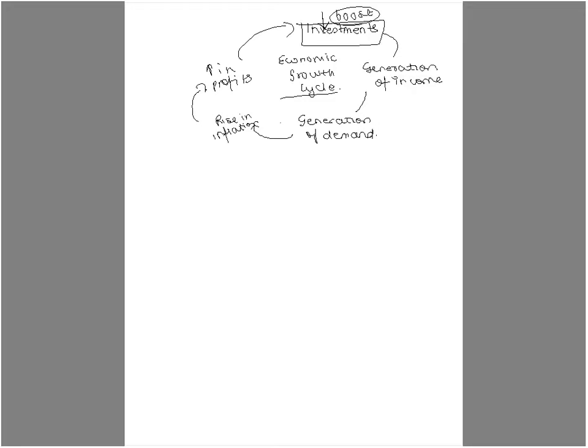If you have generation of income, then it leads to generation of demand, which leads to rise in inflation. Why rise in inflation? Because if your demand increases and your supply is constant, what happens? What happens, guys? Simple demand and supply. Your demand is increasing. What happens to your prices?